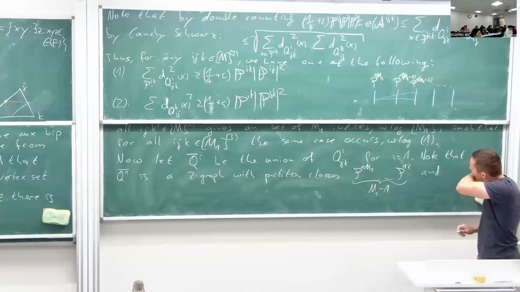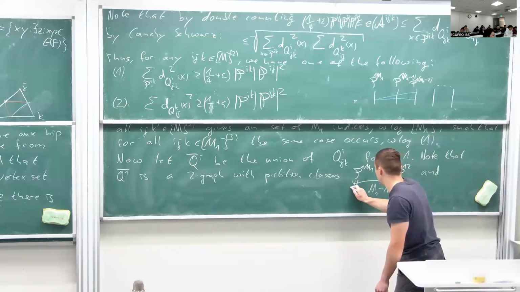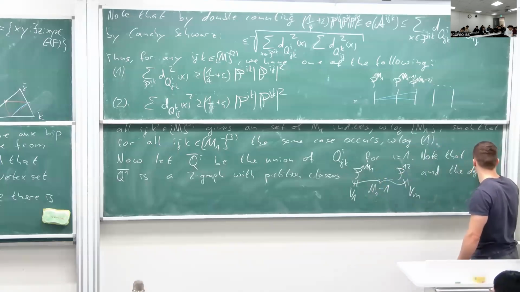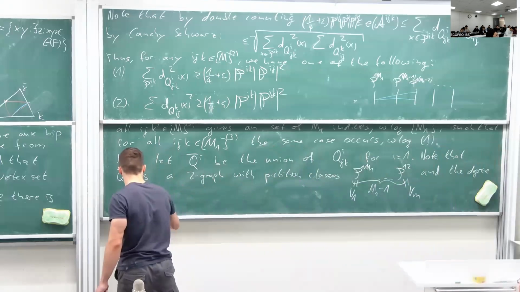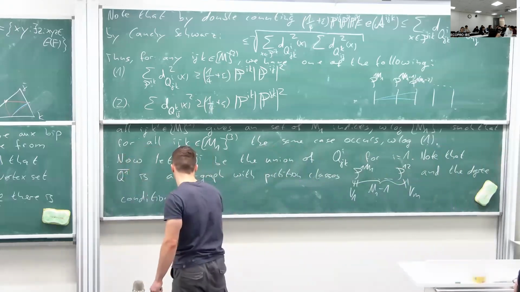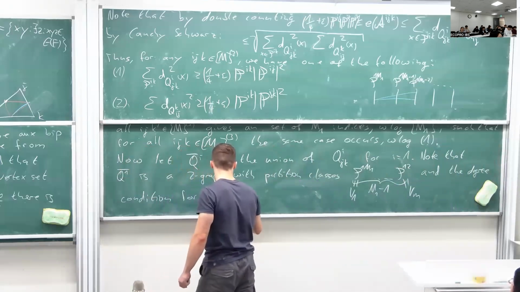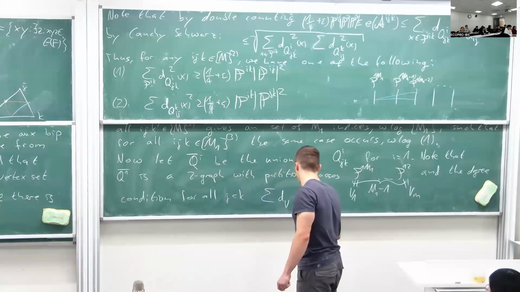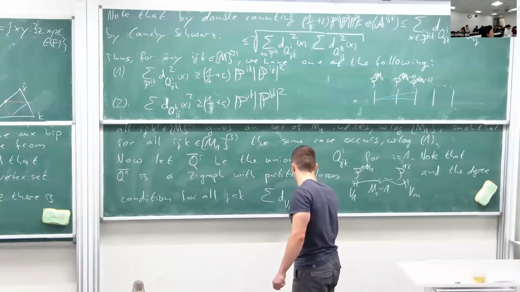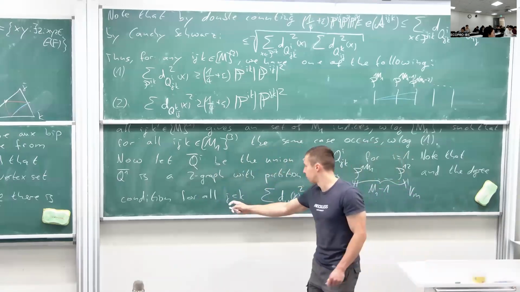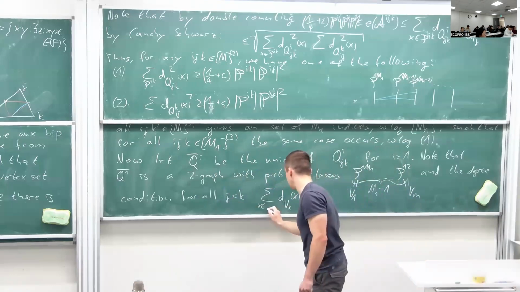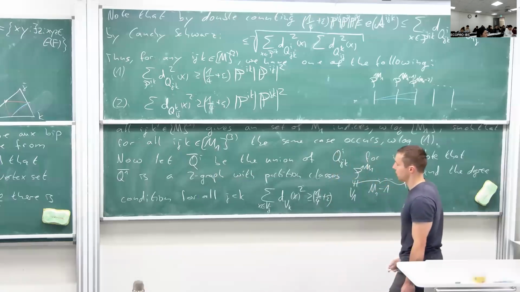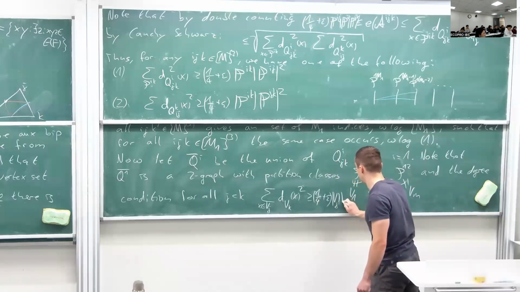And if we call these V1 to Vn, the degree condition is that for all, let's say, J smaller k, the sum of the degrees, when we look into Vk, and we take the sum of the degrees squared from the sum over all vertices in Vj, is greater or equal to 1/4 plus epsilon times the size of Vj times the size of Vk.